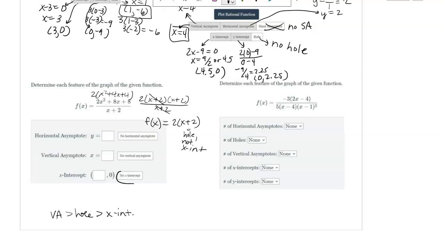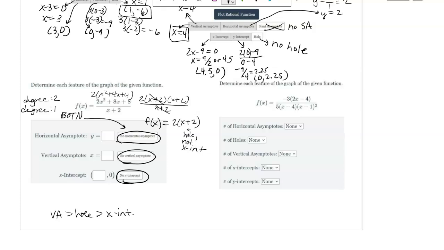So I'm going to say that there is no x-intercept here. I won't be plotting anything, I'll be clicking that button. Now I also know that there is no vertical asymptote because I have no denominator left. And I also have a degree of 2 on top and a degree of 1 on bottom, which means there's also no horizontal asymptote.